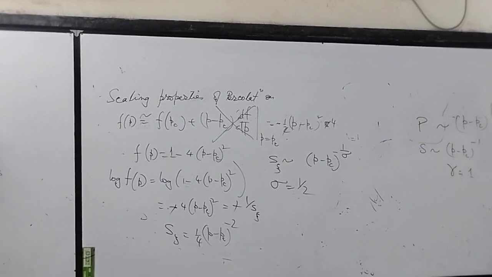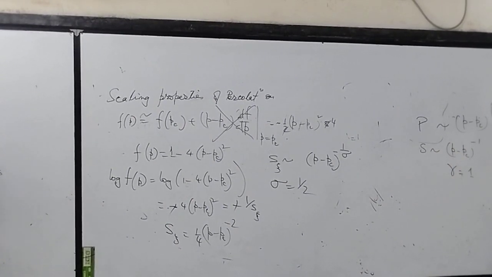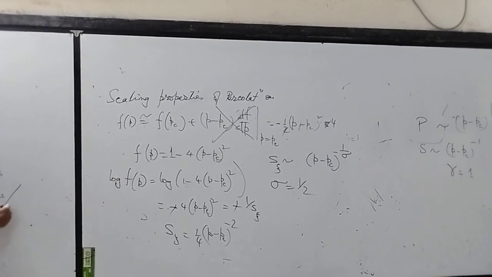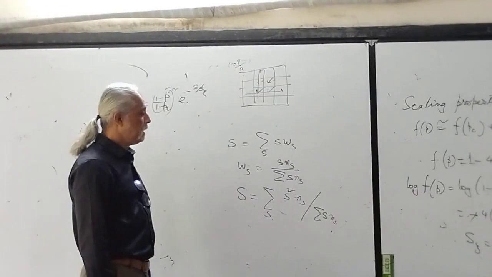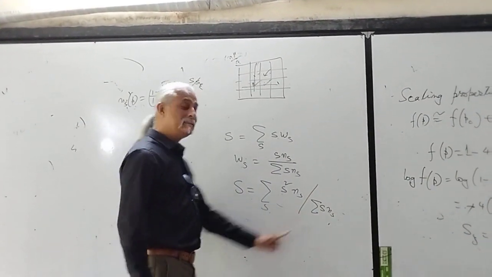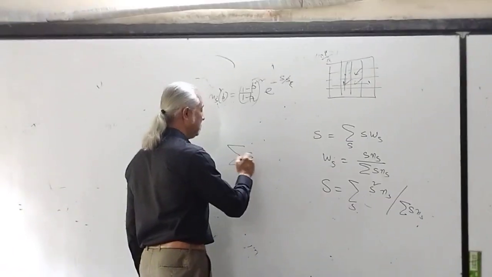If we plug that in, the mean cluster size is the sum over s of s squared n_s divided by the sum over s of s n_s. And what is s n_s? Sum over s of s n_s.